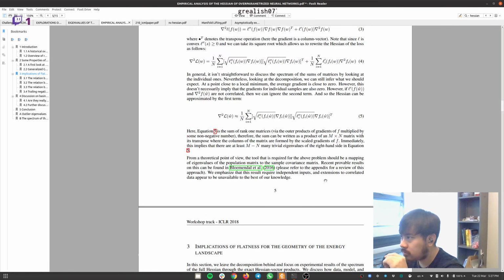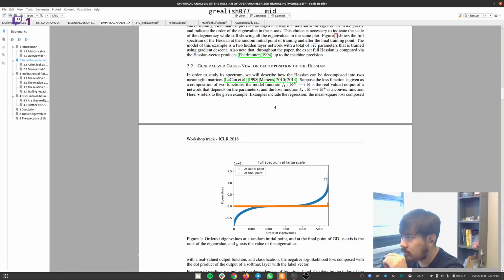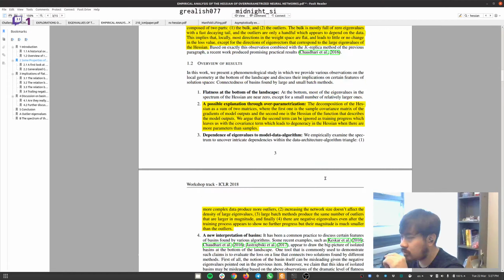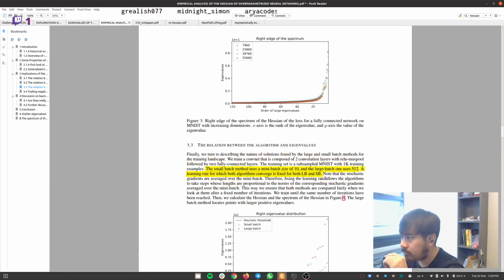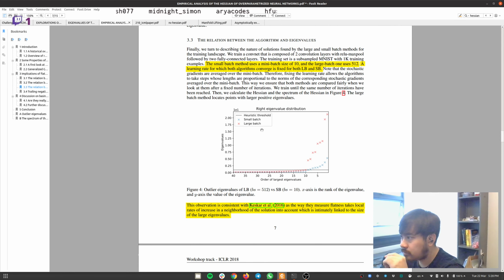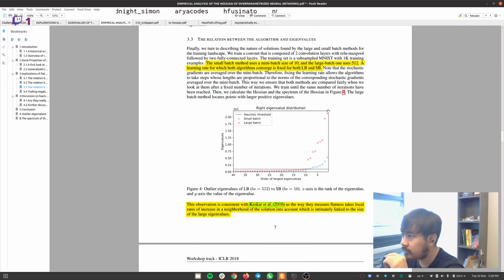What do we expect? Yeah, we expect large batch to give you higher eigenvalues. So maybe I can work on those two things and then check.